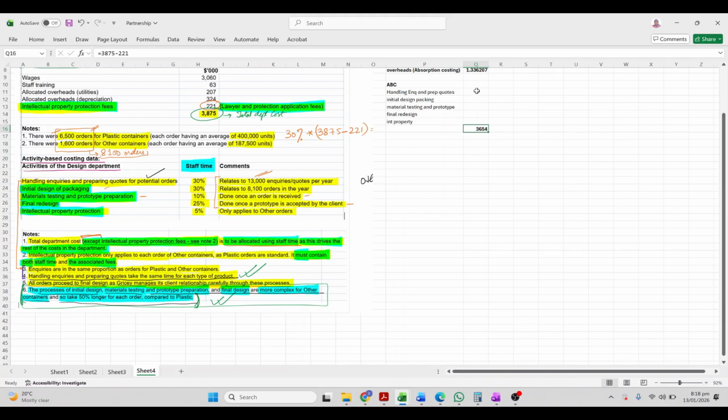Now, the first one is 30% of this cost, the second one is 30% of this cost, the third one is just 10%, the fourth one is 25%, and the last one is 5%.